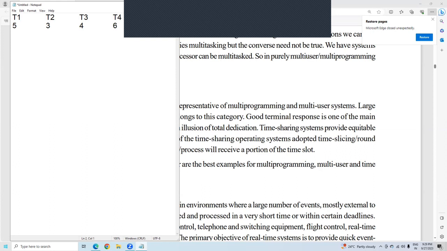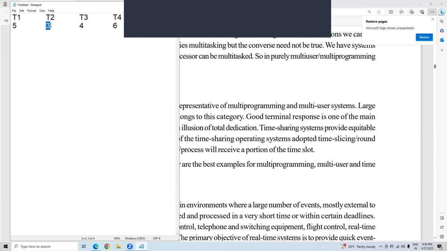When processing of T1 starts, it is processed only up to 5 milliseconds. Even if some work is still pending in T1, the operating system doesn't worry about that. After 5 milliseconds, it immediately switches to the second task.